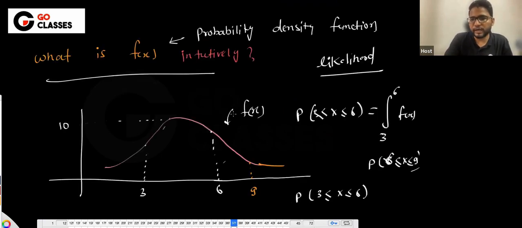This is enough for GATE: at most, you need to know intuitively what it tells you. It cannot tell you the absolute value of probability, but it tells the comparative value.